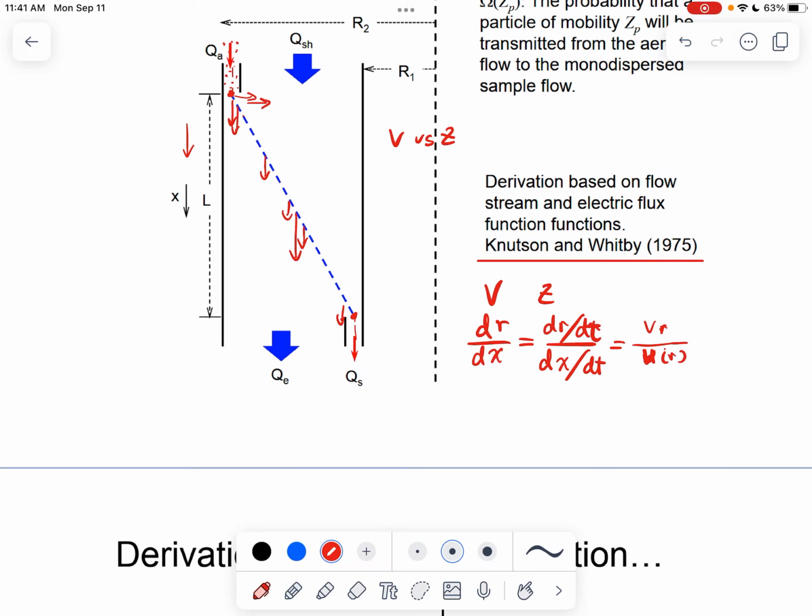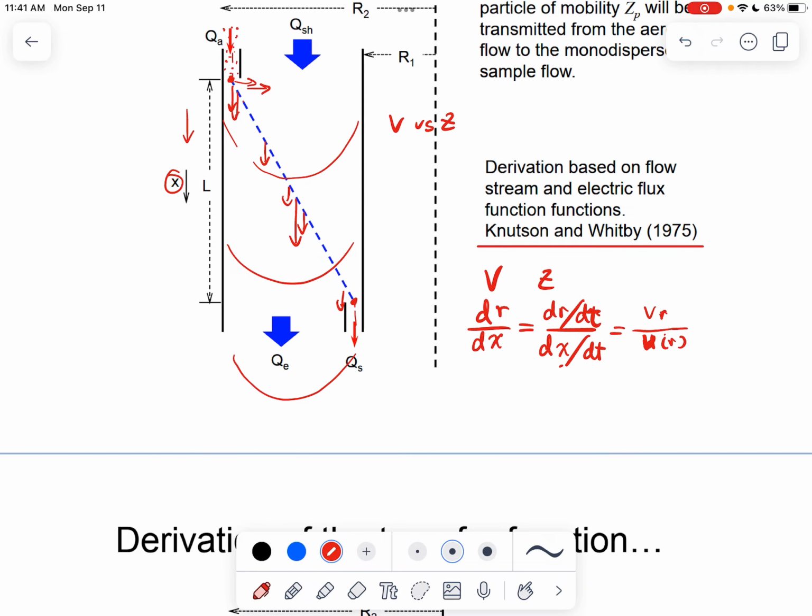In the center, the vertical velocity is highest. At the side, the vertical velocity is lowest. So we can just call it U(r). And no matter which position along the flow direction you are at, the flow profile is the same, so it's not a function of x.